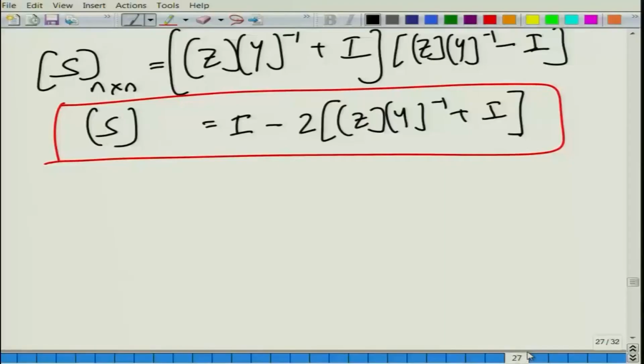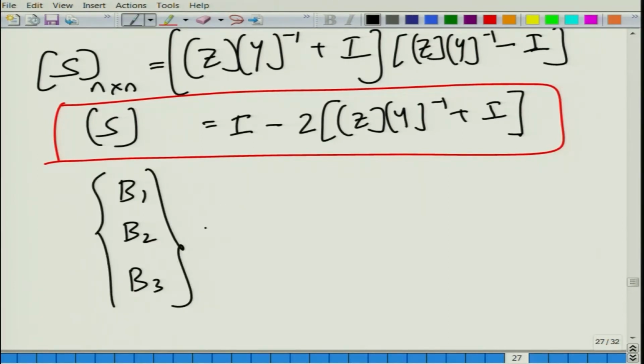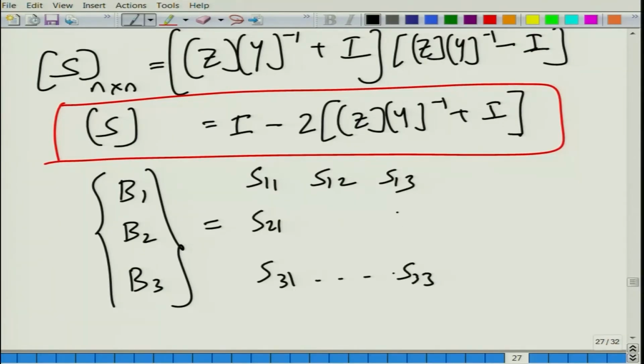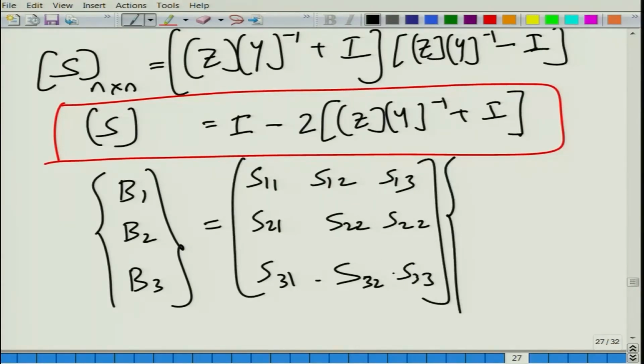So, basically what happens is that in the analysis of such a system, B1, B2, B3, where B1 is the inlet port and 2 and 3 are the outlet ports. So, S11, S12, S13, S21, S31, S33, this will be your scattering matrix for a single inlet and a double outlet system.